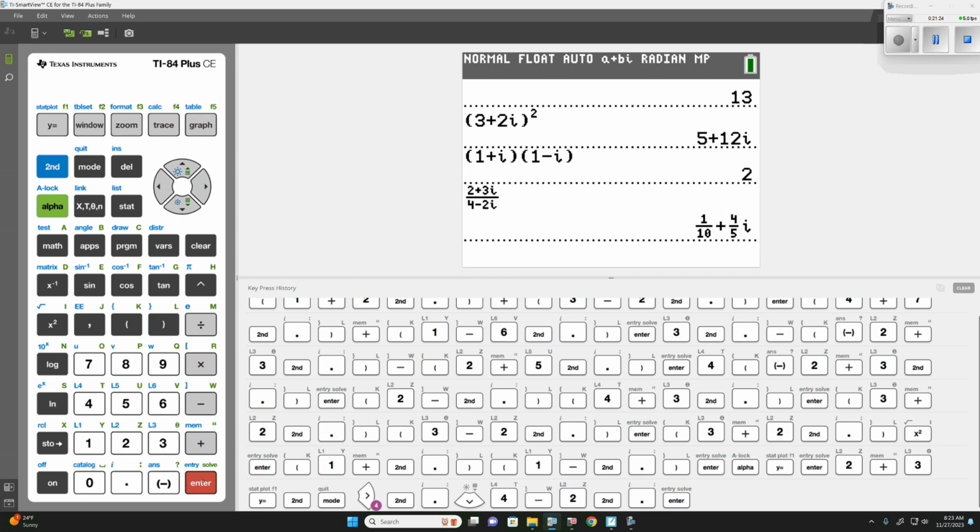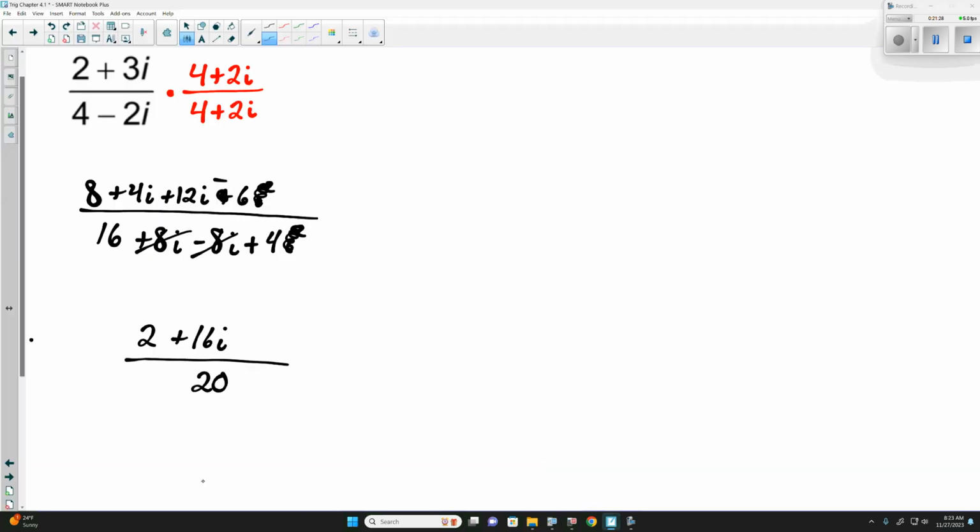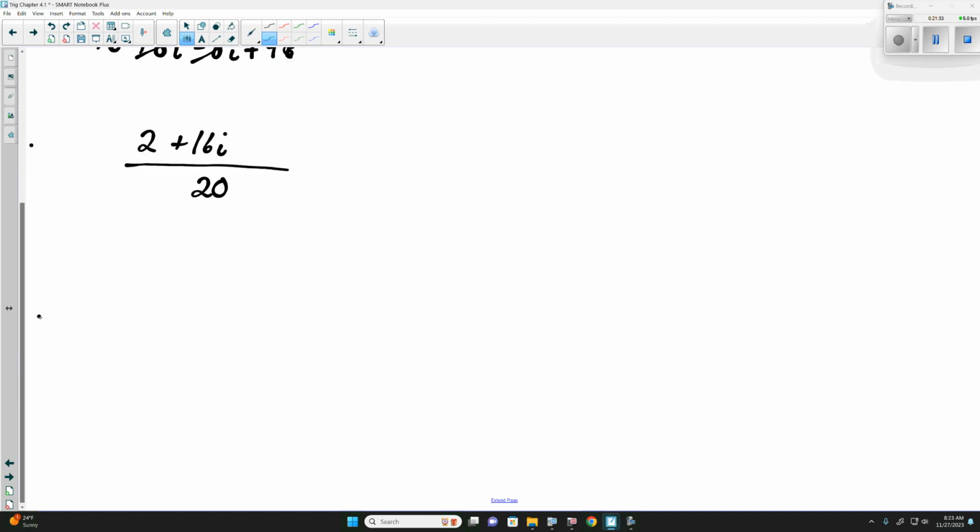Now this is the correct answer, 1/10 plus 4/5 i. It's just we have to do one little step. Because here, for the most part, I would take this, but this isn't technically in standard form. Because standard form comes in the form of a plus bi. They're split, they're not one fraction. So here we would split the fraction up.